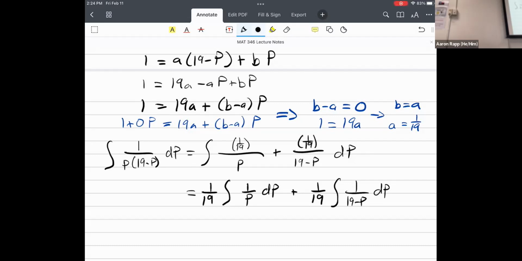One of those I hope is easy because we've seen it a couple times now. We're breaking off that dust from Calc 2. One of them, we have to be a little bit more careful. Easier one's the first one. What's the antiderivative of 1 over p with respect to p?